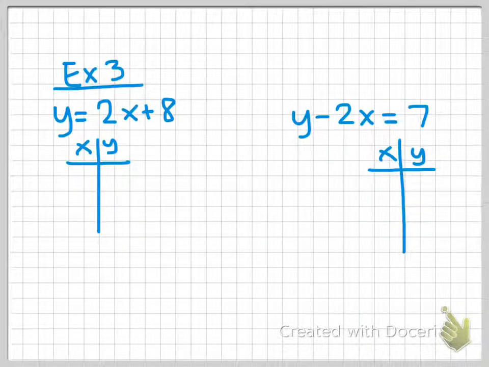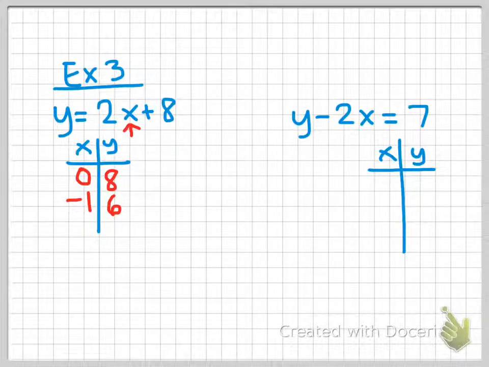Example 3, y equals 2x plus 8 and y minus 2x equals 7. Again, we're going to start with a couple of points and see what works. We'll try 0 for x. So 2 times 0 is 0 plus 8 gives me 8. And I'll try -1. 2 times -1 is -2 plus 8 is 6. So those are 2 points for that one.